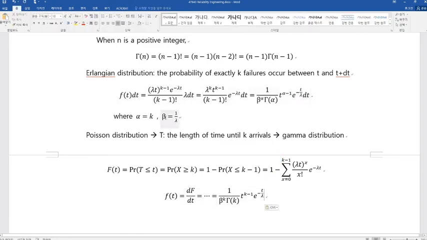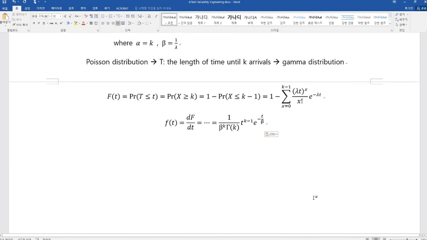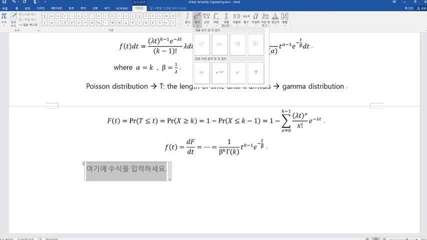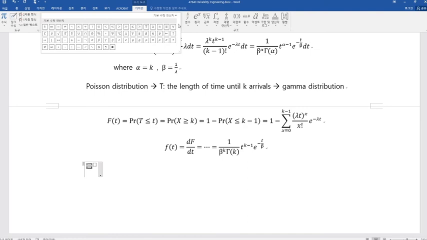Oh, I'm sorry, t over beta, not lambda. So that for a special case, this is what you are going to learn later.